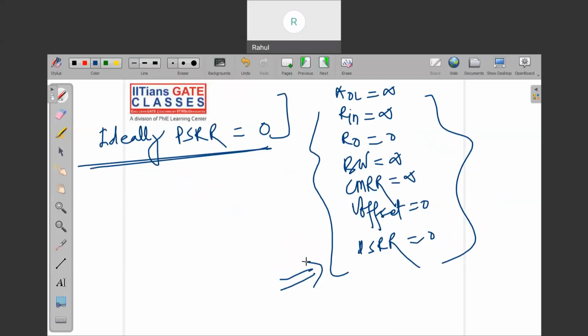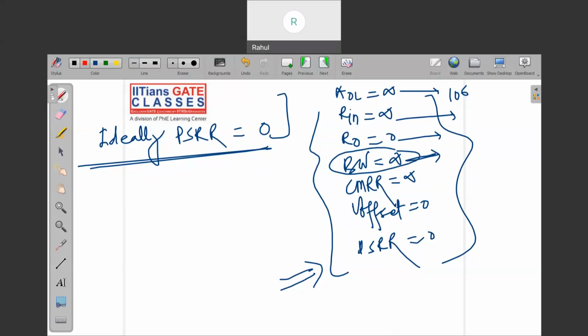Practically, high means it will be in the range of 10 raised to power 6, in mega ohm, and R out will be just in ohms. The bandwidth must be finite in practice. Bandwidth infinite here means the gain should be constant over a large range of frequency.